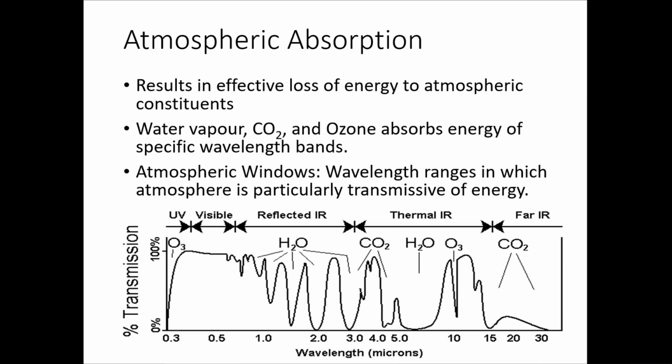Is that clear? That is the relevance of atmospheric absorption in remote sensing. Based on absorption and transmission rates, you should be able to choose your remote sensing sensor's sensing wavelength.